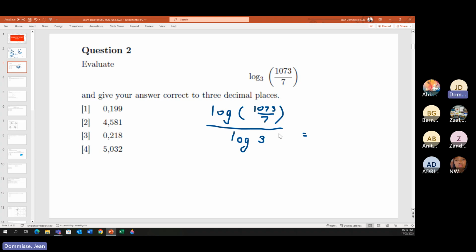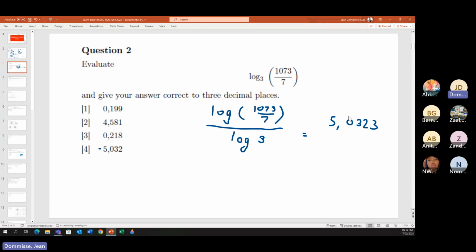But then you need to take the log of that. So I'm just going to check where on my calculator is that. So the top will be 5,0323. I see, so interesting. That is already one of your answers there.